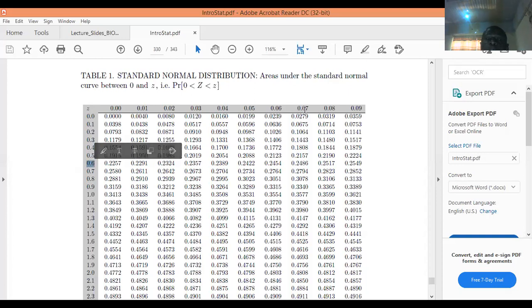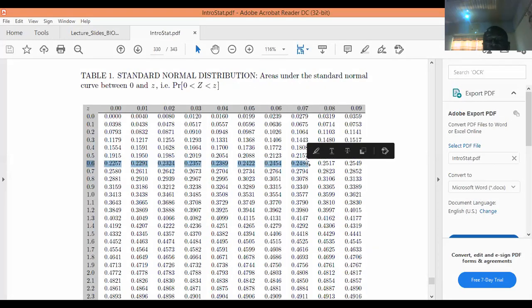And then on the other side, you will see that there is 0.07 here. So you have 0.07 here, and then here you have 0.6. Trace them. When you trace them, you will see that the value at that point is 0.2486.